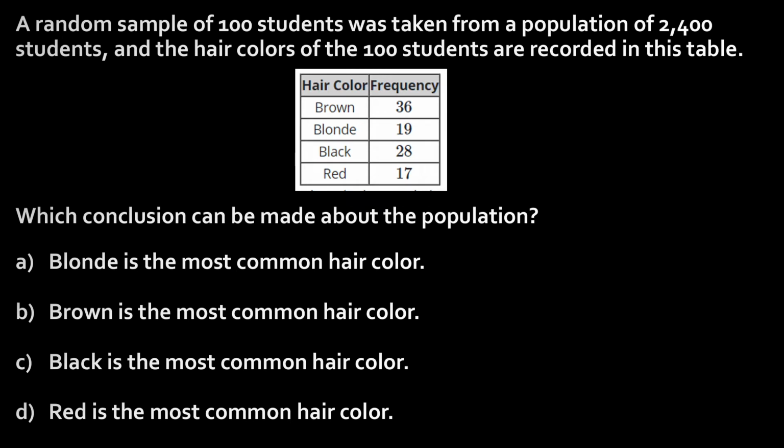All right, our next question says that a random sample of 100 students was taken from a population of 2,400 students, and the hair colors of the 100 students are recorded in this table. Which conclusion can be made? Looking through the answer choices, all of them are talking about which hair color is the most common.